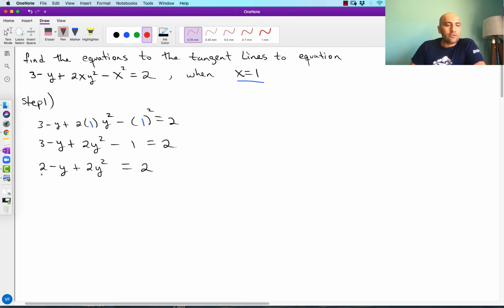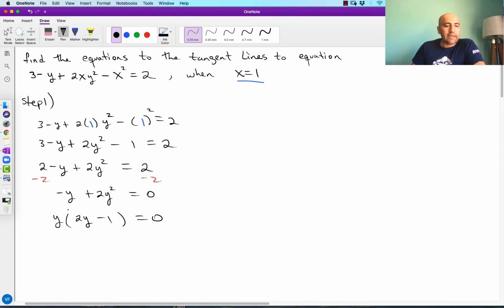If we subtract 2 from both sides, we get a 0. Minus 2, minus 2. So we get minus y plus 2y squared equals 0. If we flip that around and factor out a y, we get y times (2y minus 1) equals 0.